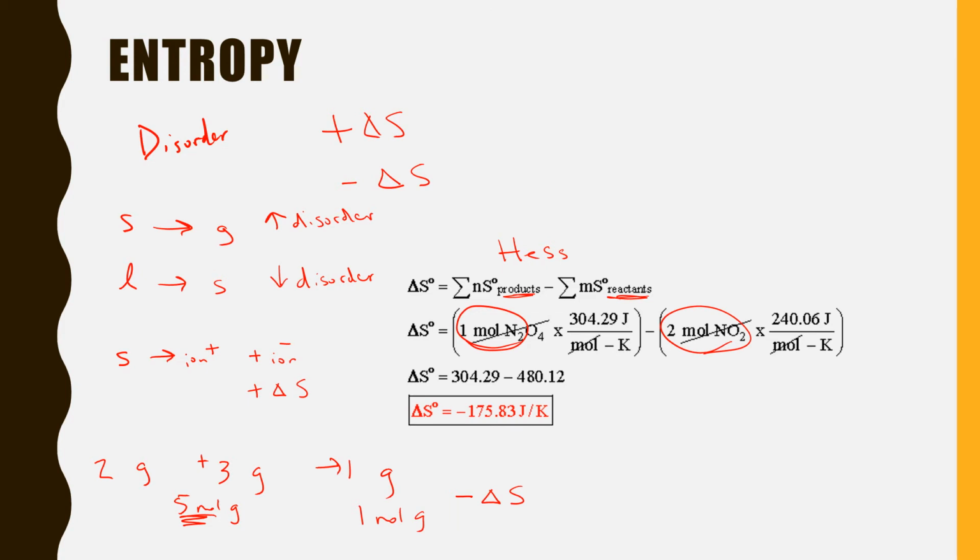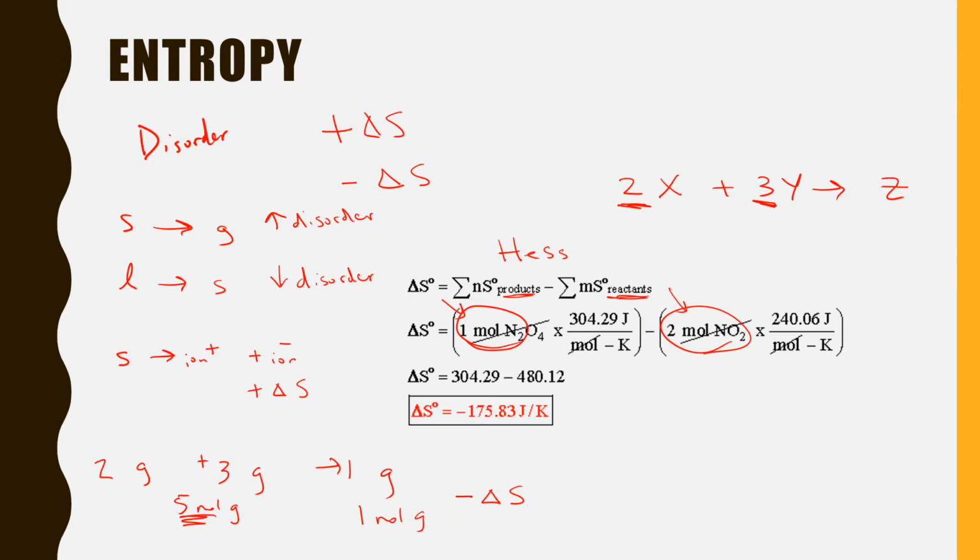So if I had a reaction that had 2 of something, X, plus 3 of something else, Y, and it goes to Z, then I have to multiply the delta S value for X by 2 and the delta S value for Y by 3. So make sure you include those moles in your balanced reaction.